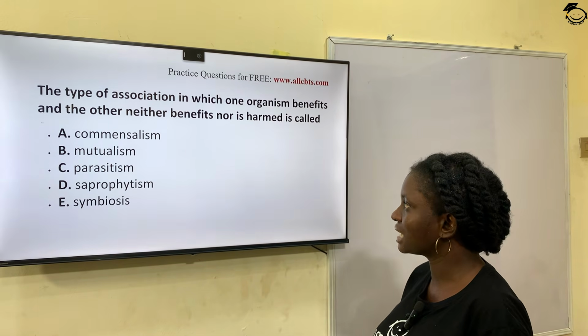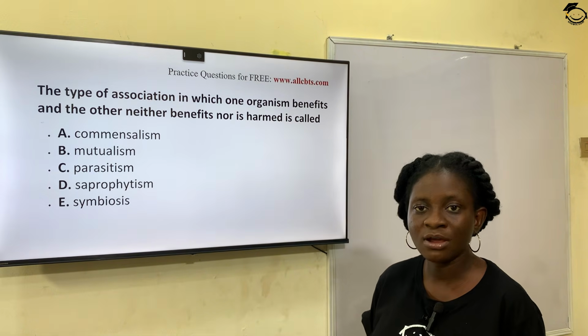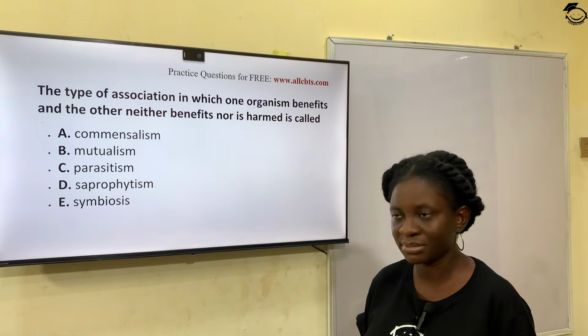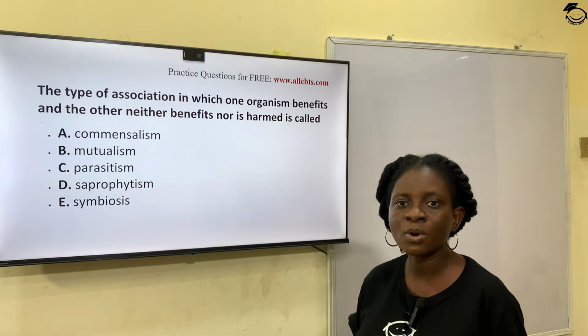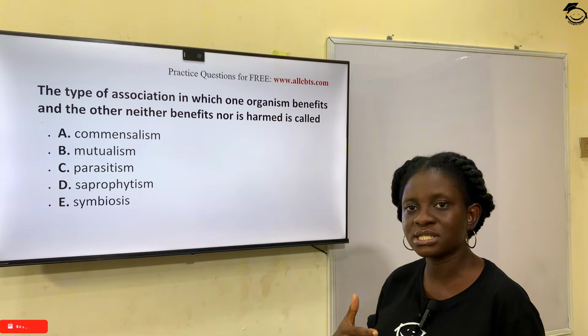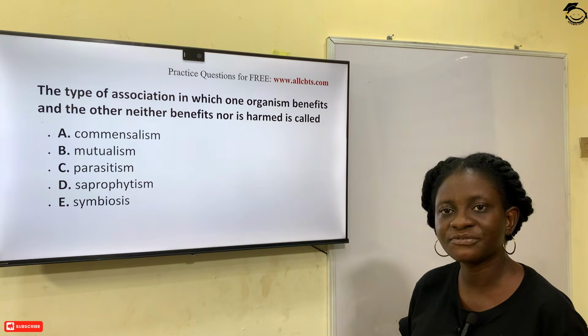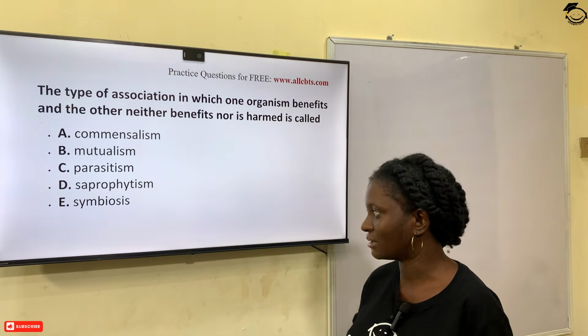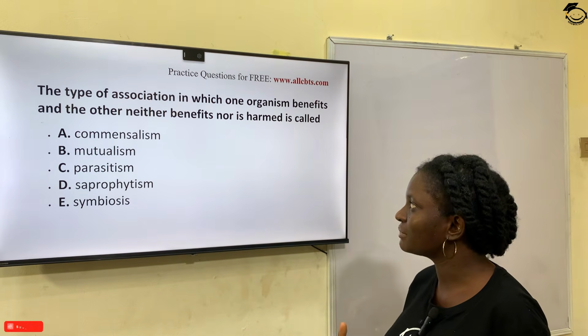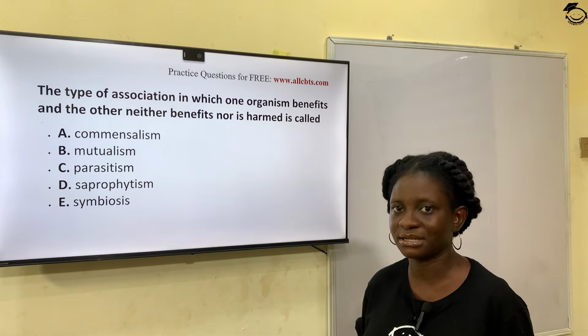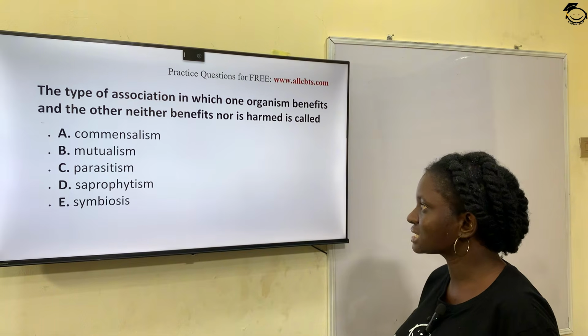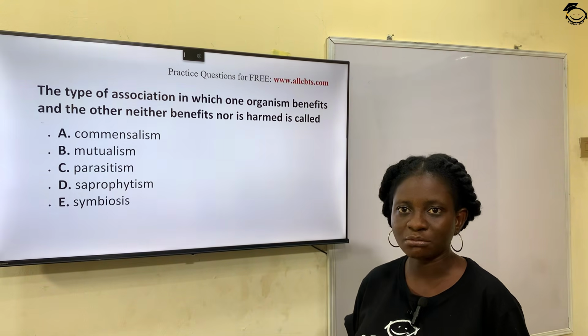The correct answer is commensalism. For mutualism, both organisms benefit. Parasitism, one organism benefits but the other is harmed. Saprophytism is feeding on dead and decaying matter, while symbiosis is the general term. So the correct answer is commensalism, option A.